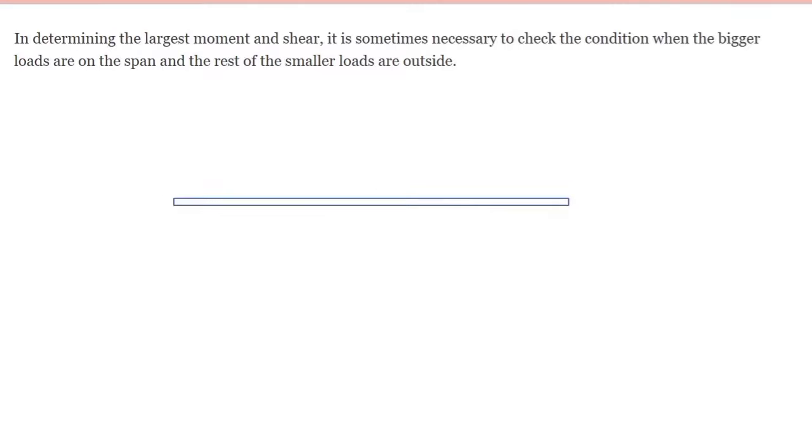So we have to note also that in determining the largest moment in shear, it is sometimes necessary to check the condition when the bigger loads are on the span and the rest of the smaller loads are outside. Kasi if we are going to compute for the maximum moment, what we are going to do is the position, diba? So kung nandito yung larger load, ayan, si P1, and this is the location of the resultant, there are some cases na yung ibang gulong, no?